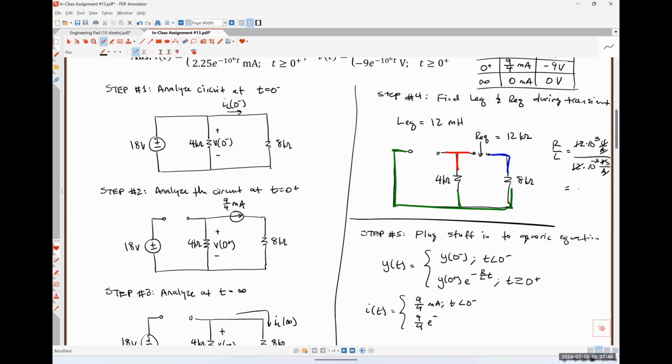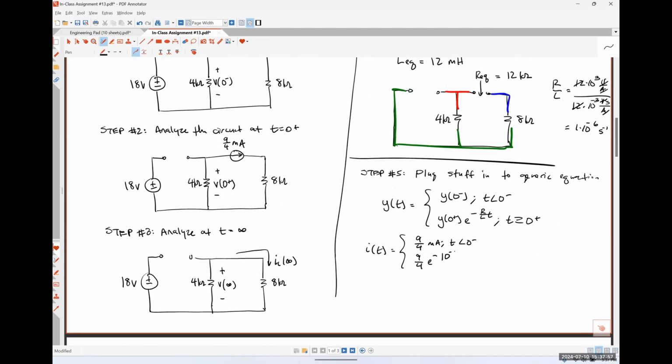This is going to leave us with 1 times 10 to the minus 6 per second. No, I'm sorry, 10 to the positive 6. My apologies there, for t greater than or equal to 0 plus.